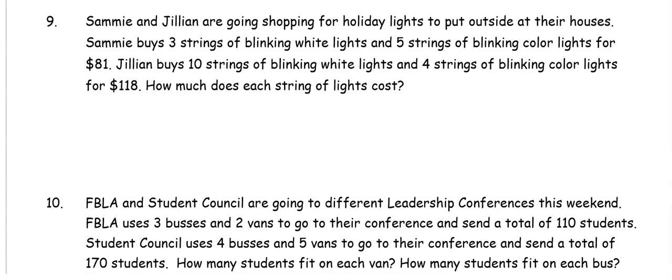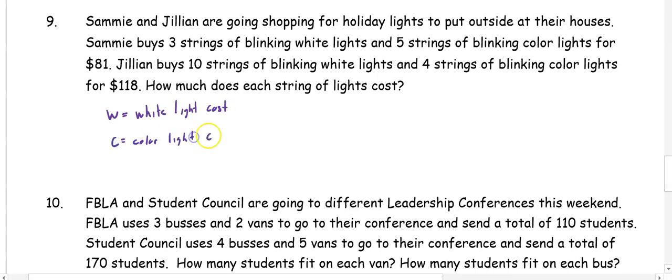So the 2 string lights that we are trying to find the cost of are white and color. So W is going to be white lights cost, and C is going to be color light cost. So each sentence gets its own equation. So Sammy buys 3 strings of white and 5 strings of color for $81.